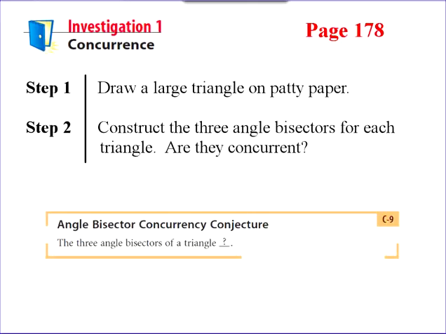If you've got your triangle here, you can create the angle bisector by just folding the angle in half so that the sides line up. Go ahead and construct those. When you get that constructed, I want you to go ahead and complete the conjecture. We're going to go over it in class, and then we're going to do another construction.